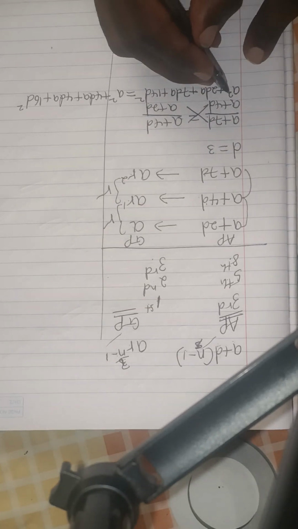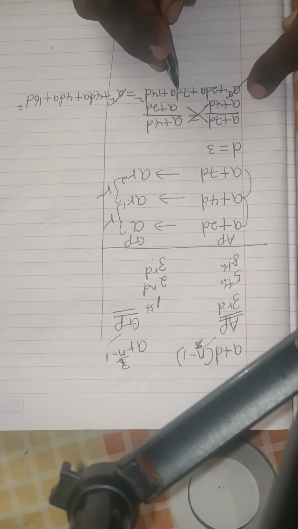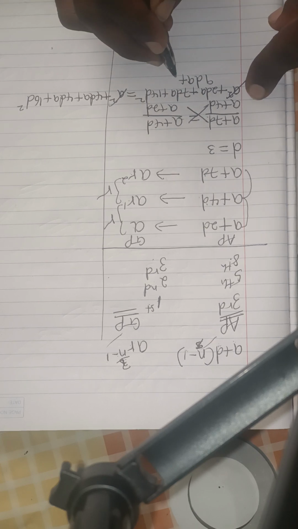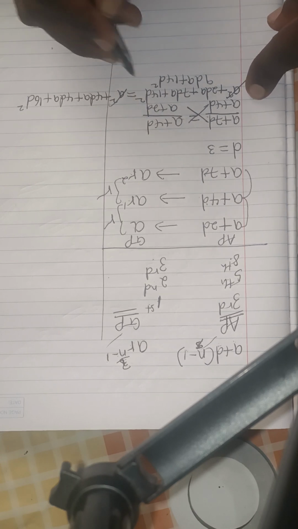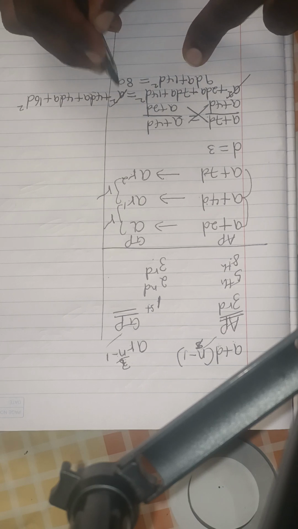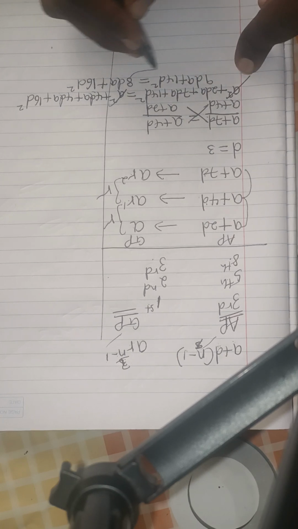Correct. So a squared and a squared will disappear. Then 2da plus 7da, that is 9da plus 14d squared, should be equal to 4da plus 4da, that is 8da plus 16d squared. We can further collect the like terms. We shall take this on this side.